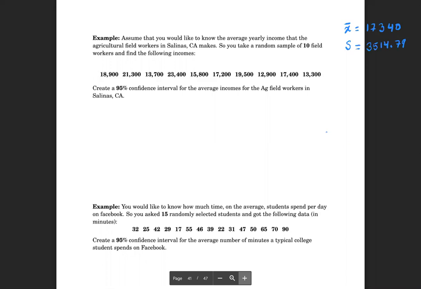So what's going to happen is this. For now, assume these two numbers, X bar and S. This is something you can just use an ordinary calculator for. And for finding the standard deviation, you have to use a calculator that has some statistics functions, okay?